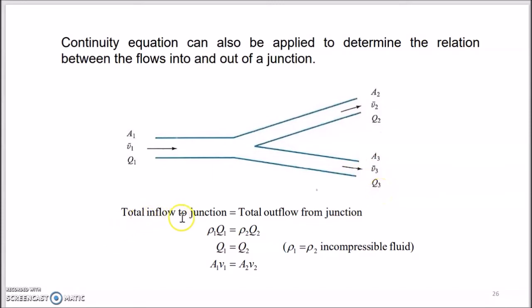Therefore, the total inflow to the junction equals the total outflow from the junction. So ρ1 times Q1 equals ρ2 times Q2, so Q1 equals Q2. Therefore, Q equals A1 V1 equals Q2 equals A2 V2. The ρ is eliminated because the density of water is considered the same, 1000, for incompressible fluid.